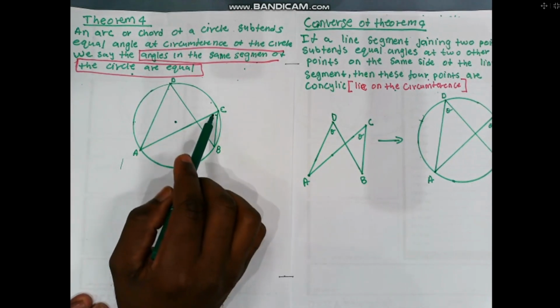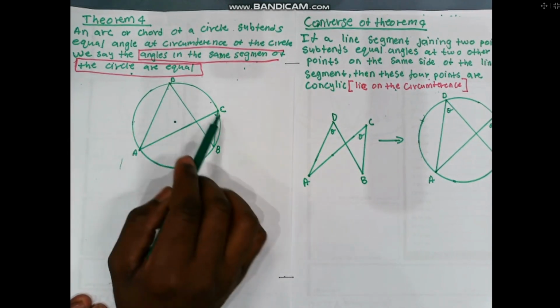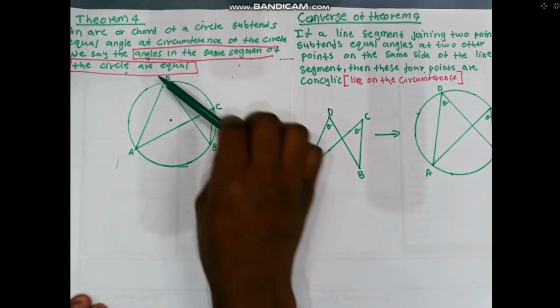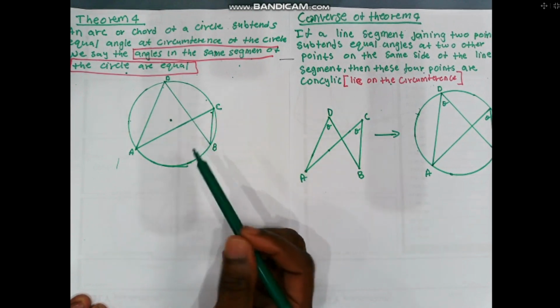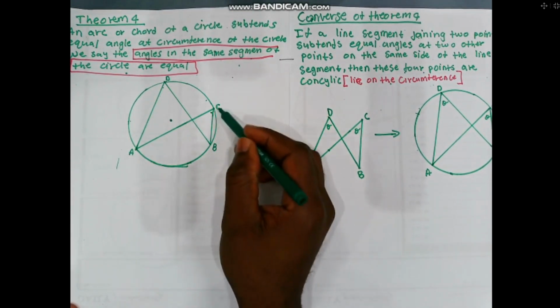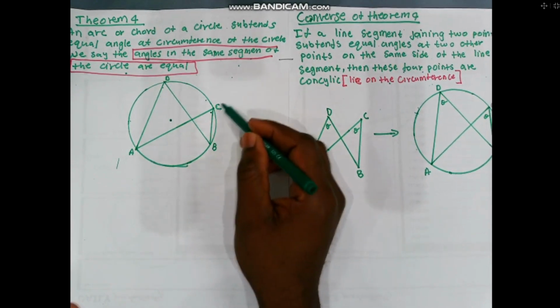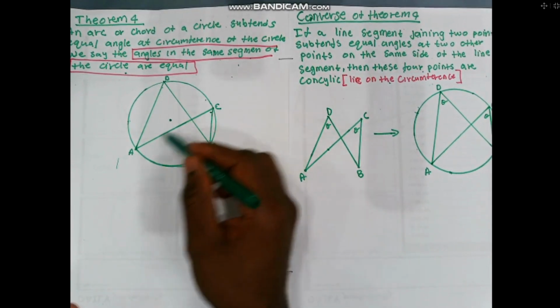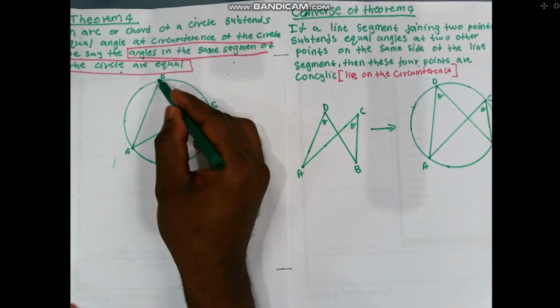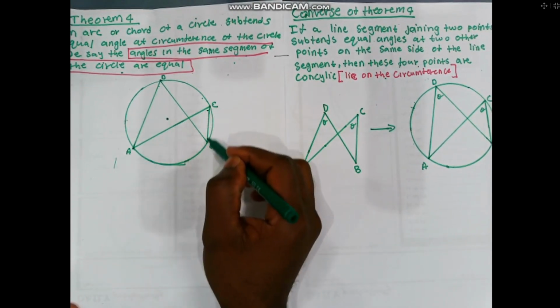These angles are in the same segment, so they are equal. Another thing, you must see the shape of this thing. It's like a butterfly shape. All these points are at the circumference. Also make sure you understand this one.